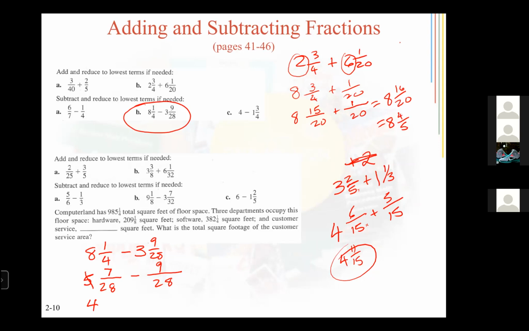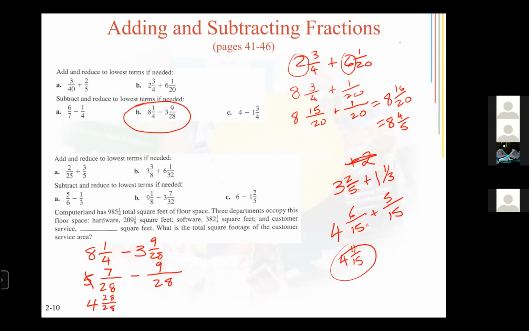What's the base for those fractions? 28. So what will be the numerator for the one that you borrow? 28 over 28. All right, so that one that you borrowed will become 28 over 28.